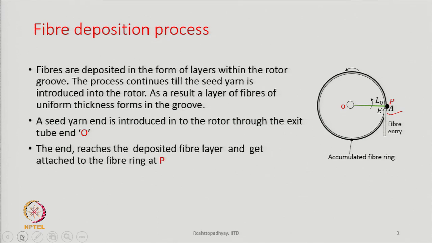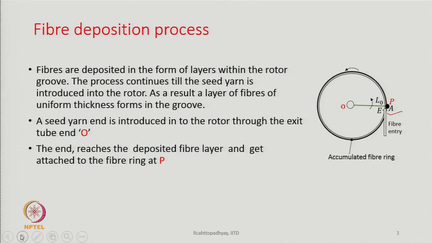Now, as soon as the end reaches the deposited layer, it will get attached to it, because the rotor is rotating and the yarn has started getting twisted, or it is receiving torque. So, what will happen? The end of the yarn, which is in contact with the fibers in the rotor groove, that is the point P, will get entangled with the existing fibers.